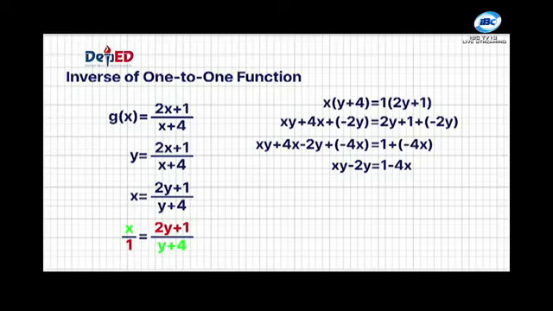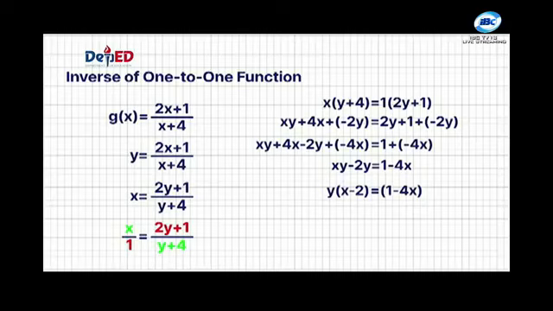Since we want y alone on the left-hand side of the equation, we factor it out from xy minus 2y. Now, our equation will be y times the quantity (x minus 2) equals 1 minus 4x.